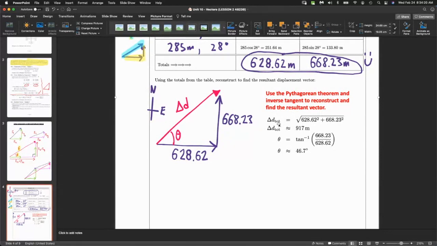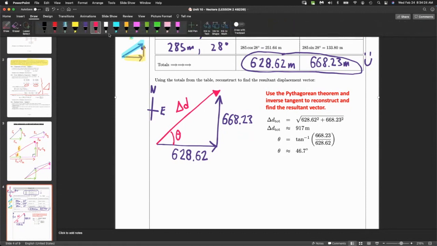I put a subscript delta D total. Perhaps I should put total here as well, to be fair. So delta D total. And also, I used inverse tan, and I got 46.7 degrees. So we're so close to the answer now.